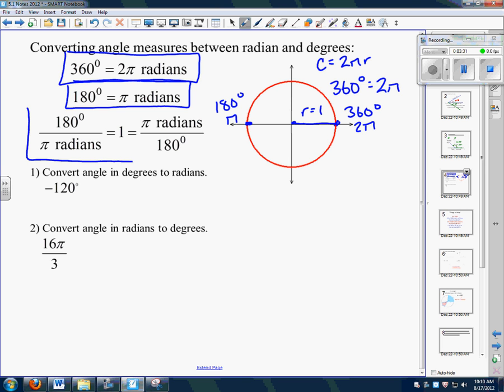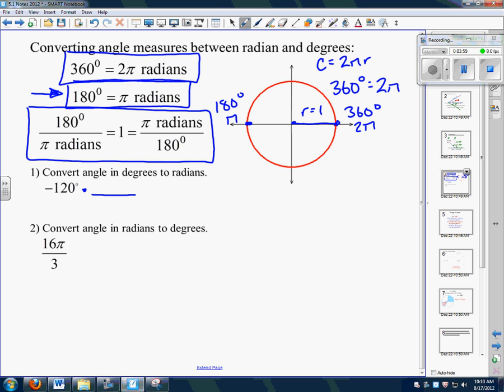Now, we can use this here. If you want to go from degrees to radians, you're going to have to use one of them. If you want to go radians to degrees, you're going to have to use the other one. Okay, so it's a unit conversion problem, really. So if we want to convert the angle negative 120 degrees into radians, so you want to get rid of degrees. Well, to do that, we're going to use this.